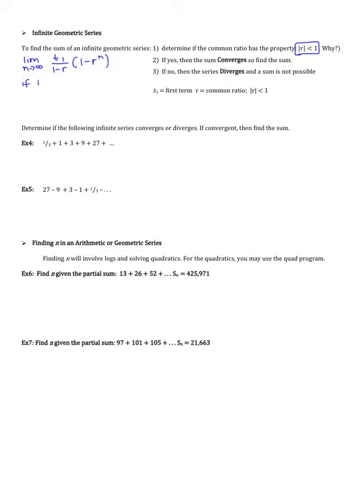So if your r, and again in absolute value, doesn't matter whether it's positive or negative, is less than 1, that means that r to the n is approaching 0 because it's getting smaller and smaller and smaller as n goes to infinity. However, if your r is greater than 1, then r to the n is going to keep growing, what we say, without bound. It just gets bigger and bigger and bigger.